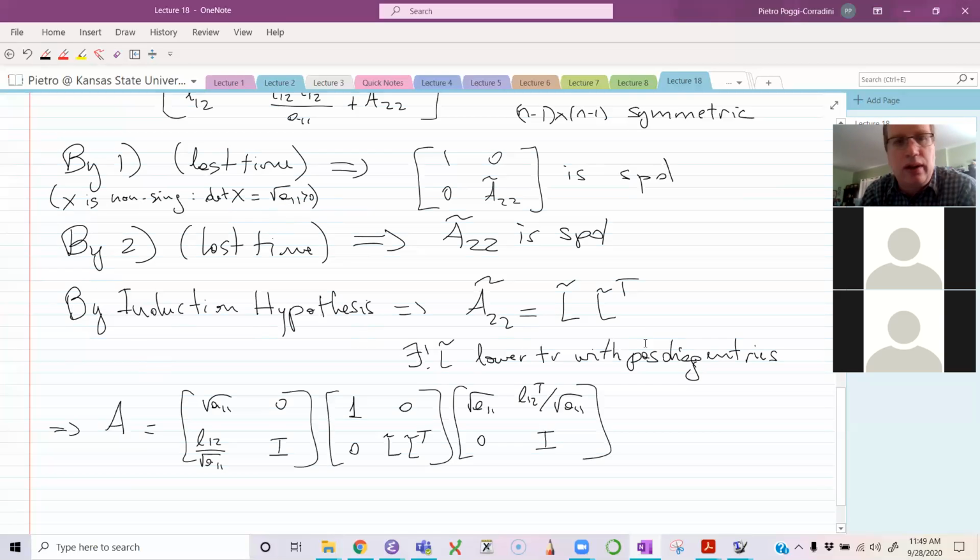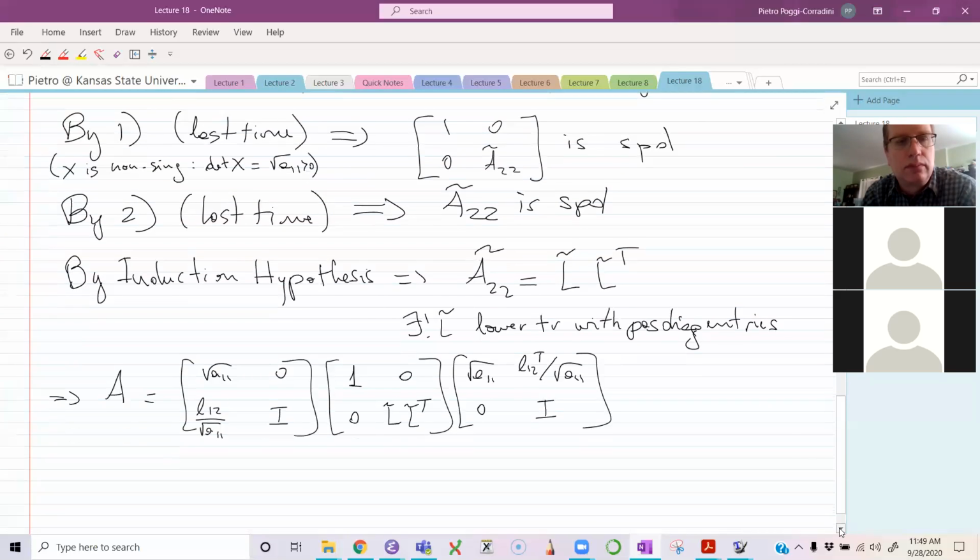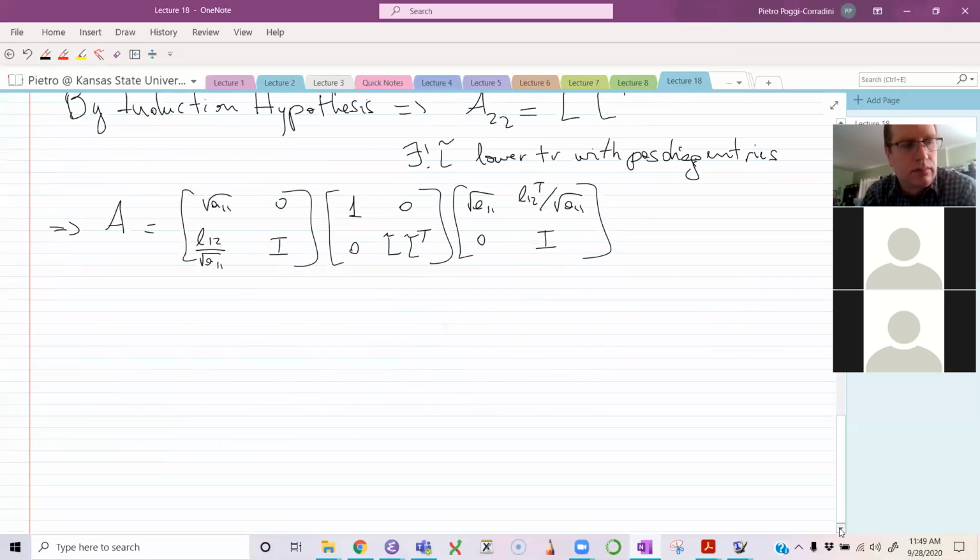In any case, what do you think the next step is going to be? Probably expanding out this factorization and finding that we get some L and L transpose that are n by n. Exactly. So how do we split this up?